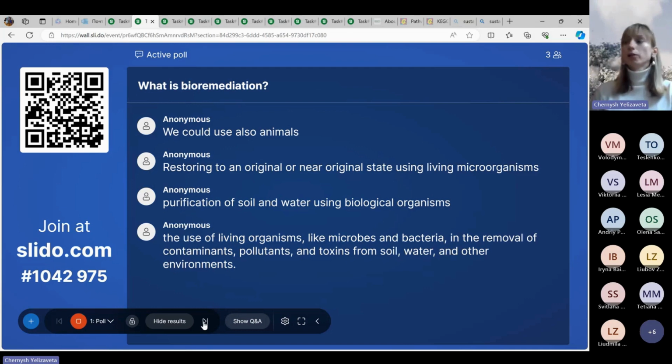Basically, a lot of the more popular methods use microorganisms, different types of bacteria, fungi. For this, we also use phytoremediation, different types of plants. A lot of these groups of microorganisms and living organisms are used in this way.